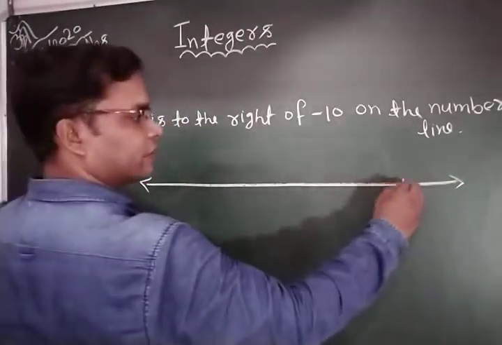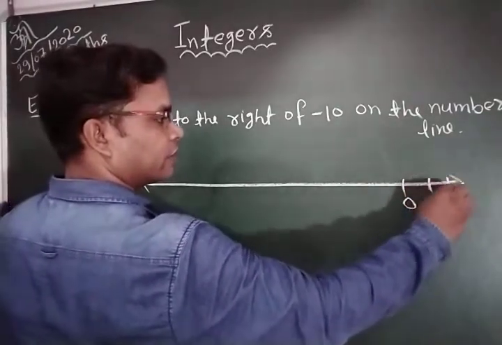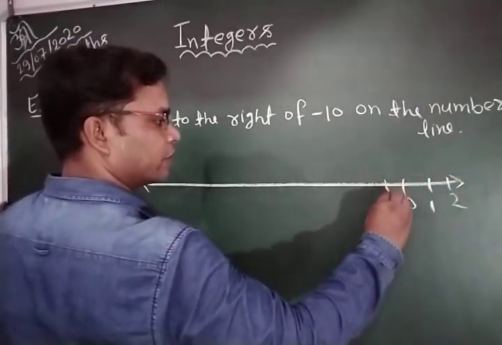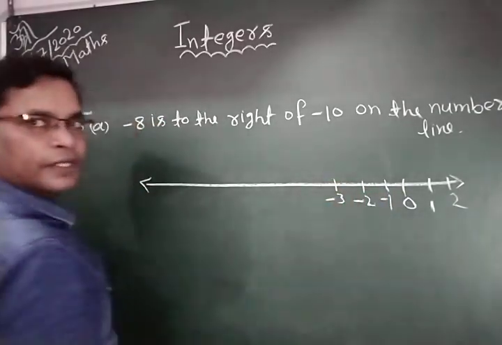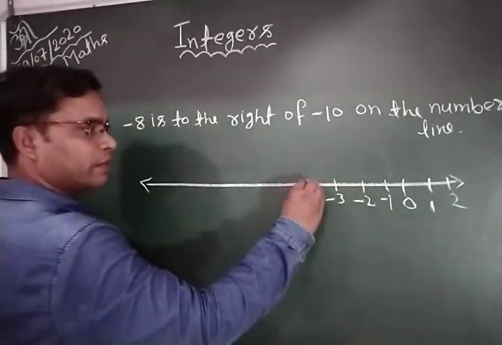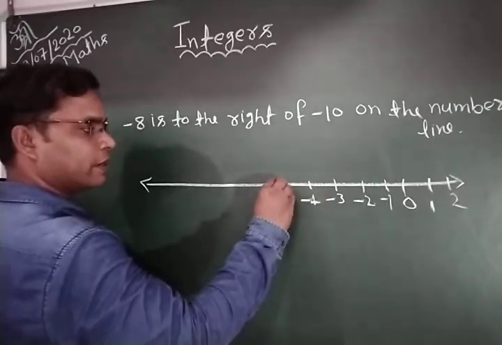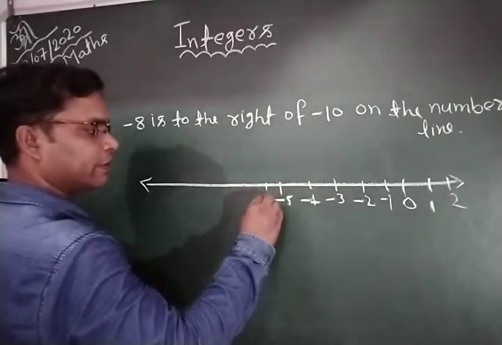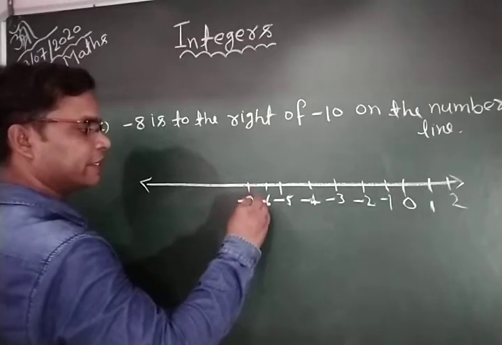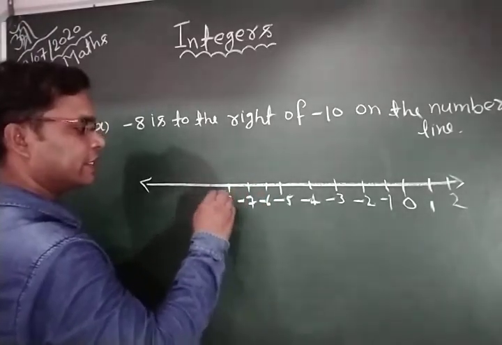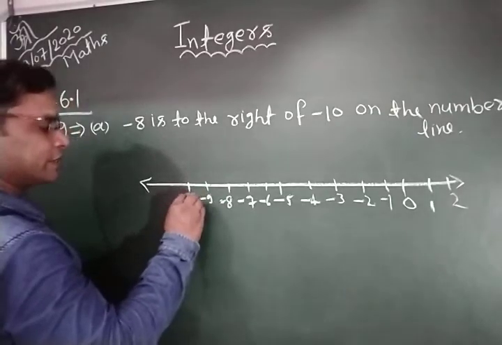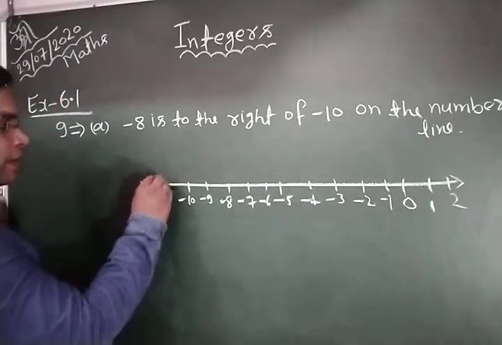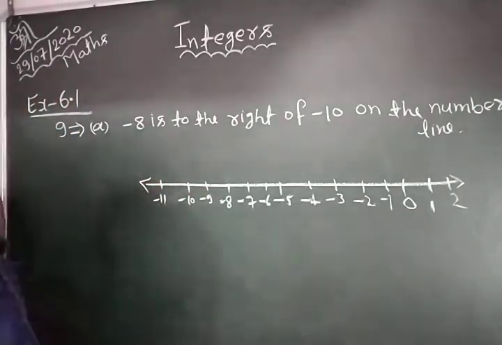We take here, suppose, 0, 1, 2, -1, -2, -3, -4, -5, -6, -7, -8, -9, -10, and -11 you can say.